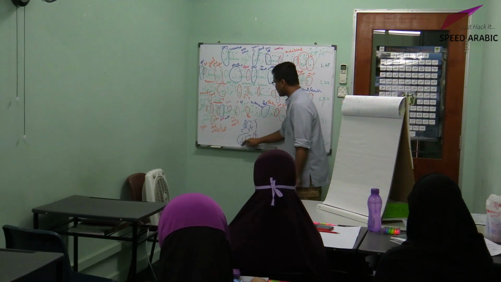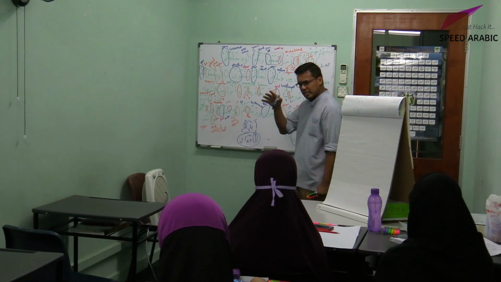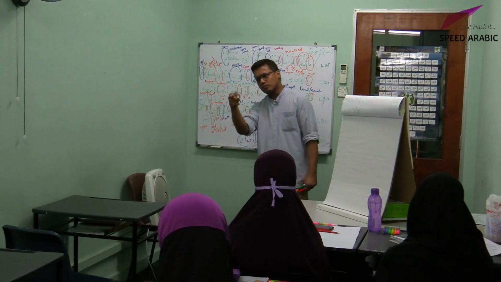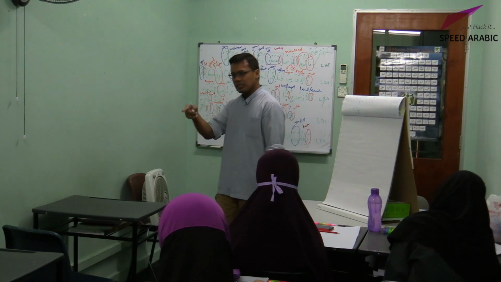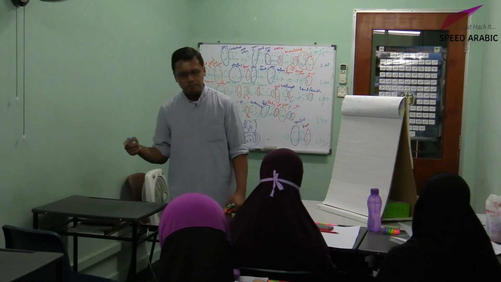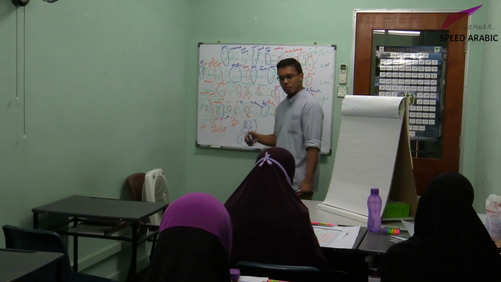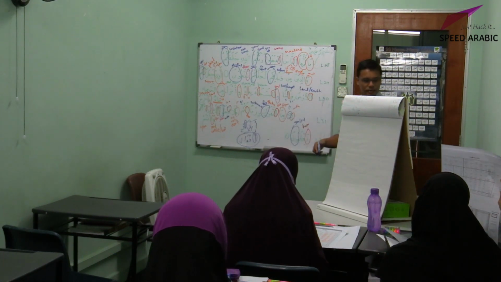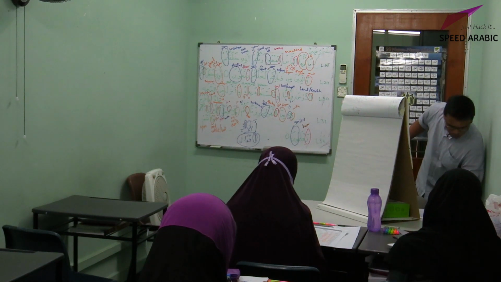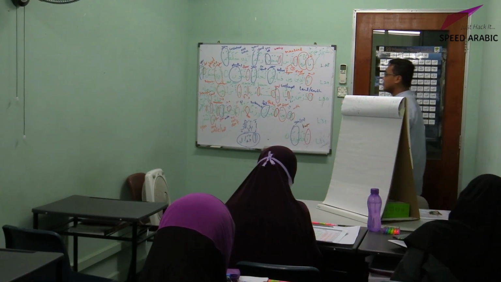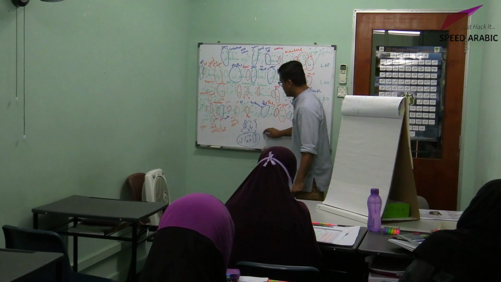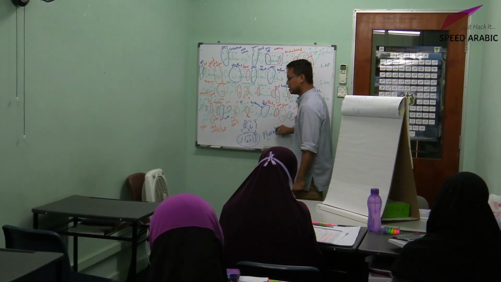af'al. When you see af'al, then you check the root noun in the hacker dictionary. Af'al, what number is it? Af'al, number 4, right? See number 4, the meaning is plural.